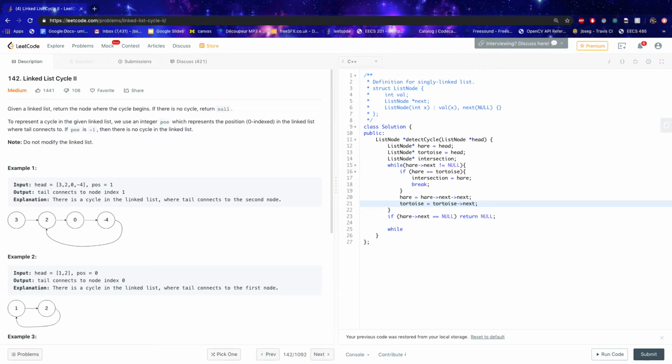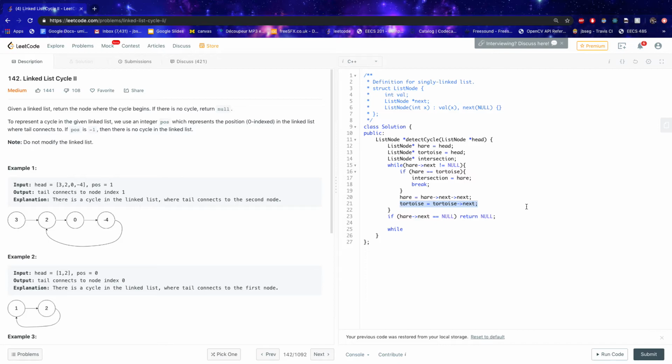Right, it's moving one at a time. So if the next equals null, then we should, yeah, that does protect it. There's no way tortoise can equal null before hair because hair is moving way faster.